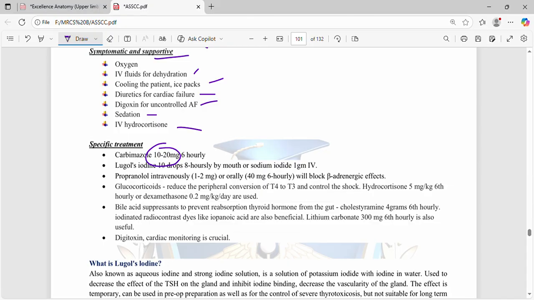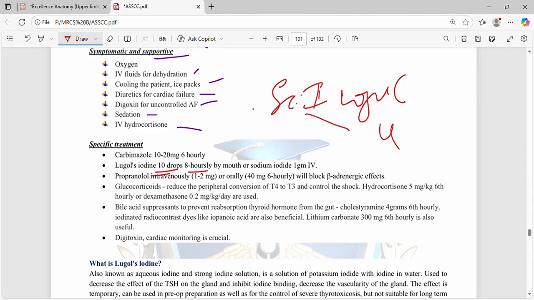Lugol's iodine is given 10 drops 8 hourly by mouth, or sodium iodide 1 gram IV. So you go for sodium iodide or Lugol's iodine.